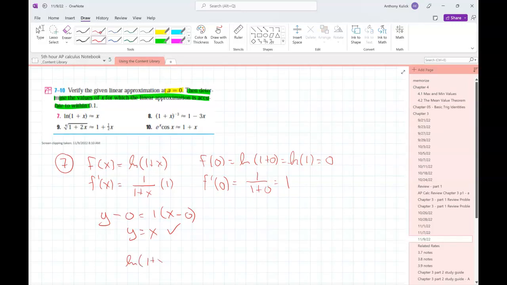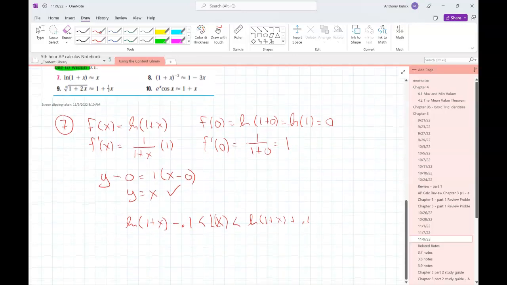So my actual value minus 0.1 has to be less than my linearization, and the actual plus 0.1 has to be greater than my linearization, right? That's going to guarantee my linearization is between 0.1 less than the actual and 0.1 bigger than the actual. That's all I've written there.